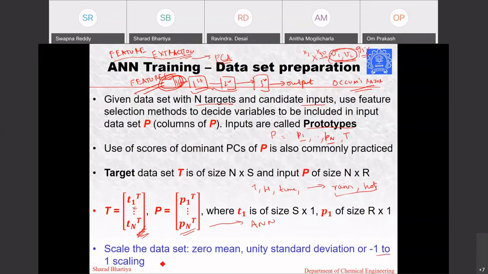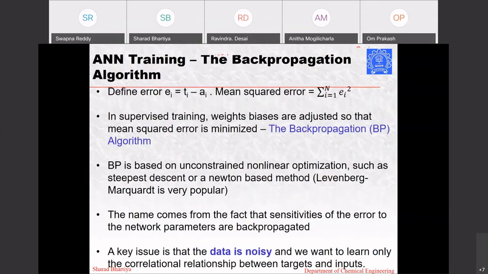Some kind of scaling is desirable, because the temperature, humidity and time might be in different units, and it makes sense to scale the data before you use it. If you use principal components, it gets auto-scaled to zero mean and unit standard deviation before you apply it. But some kind of scaling is desirable.